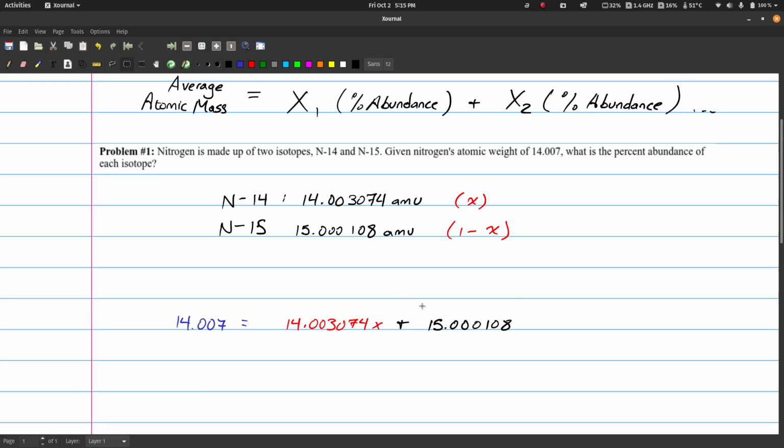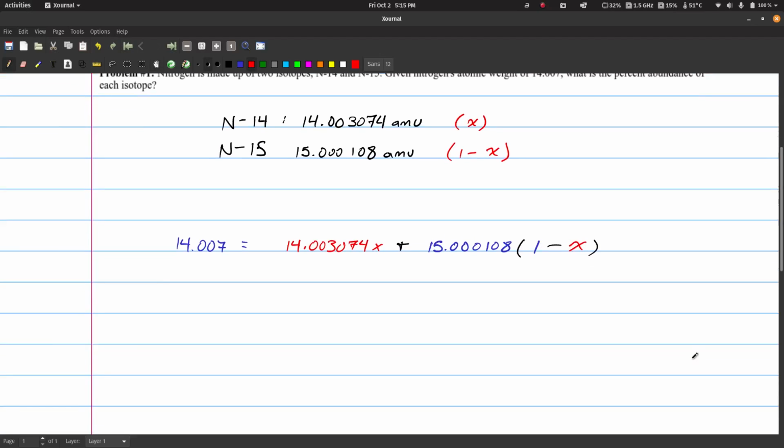This should have been blue. And then that is times 1 minus x. Alright, so now we just FOIL this out, solve for x.